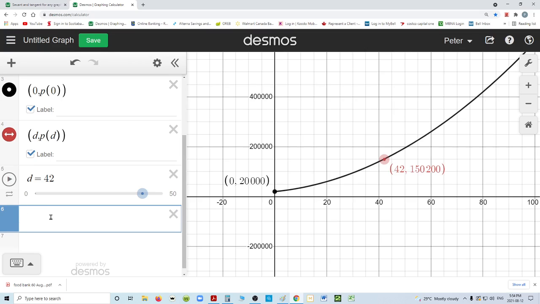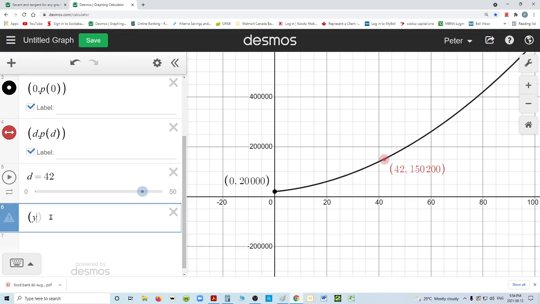So now I've got this wonderful, I can put this second dot anywhere. Then I can draw a line that's going to be y, and this is tricky, y minus, is it y minus d?